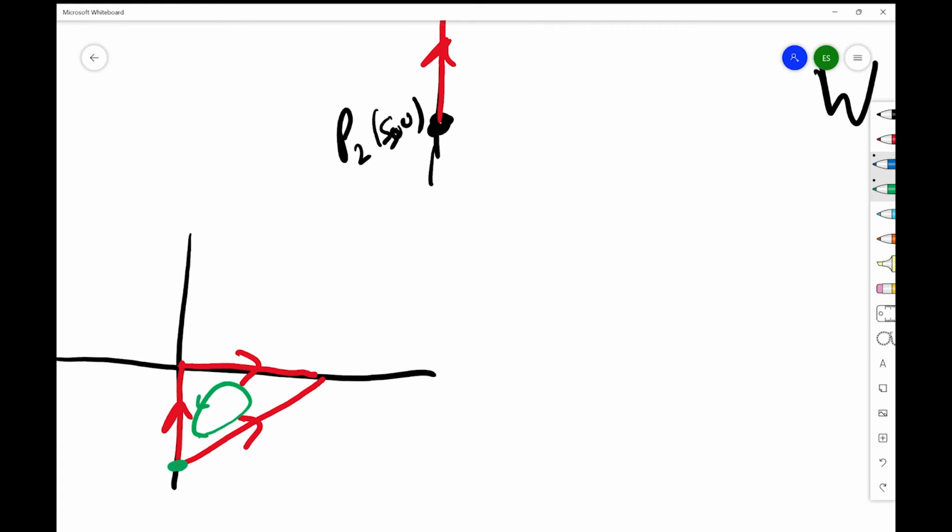So if I start at this point, go here, and then go here, and then come back, the whole integral is going to be 0, which means that the integral from here to here is going to be minus the integral going from here to here.